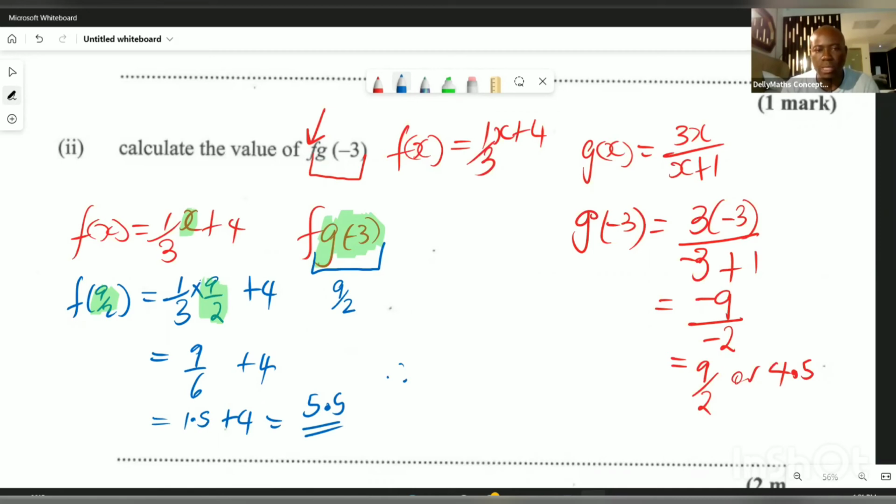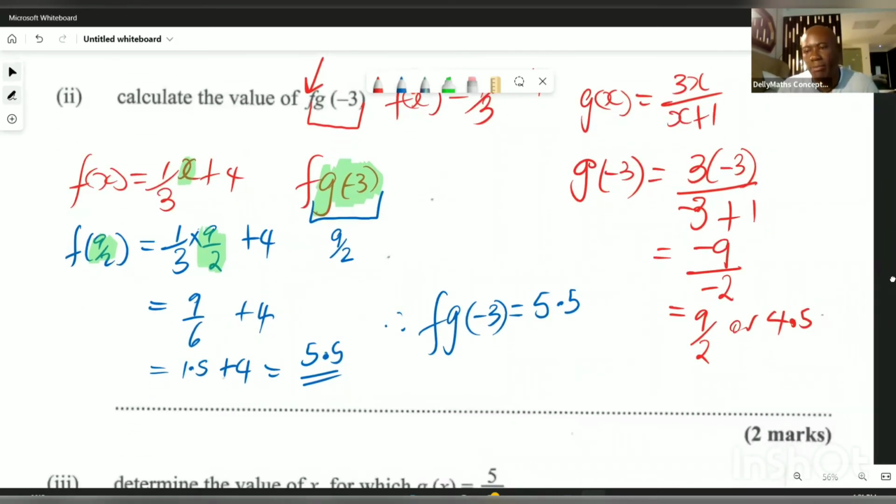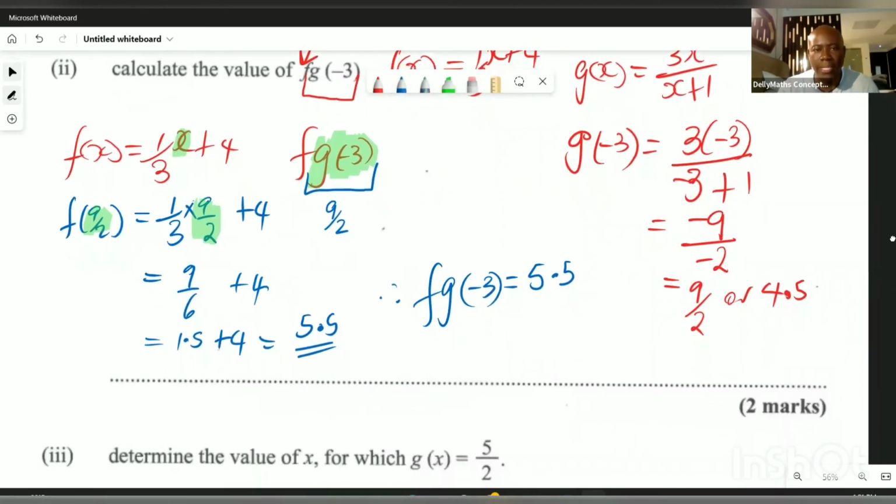Therefore, we can conclude that f of g of -3 is equal to 5.5. I just leave it there.